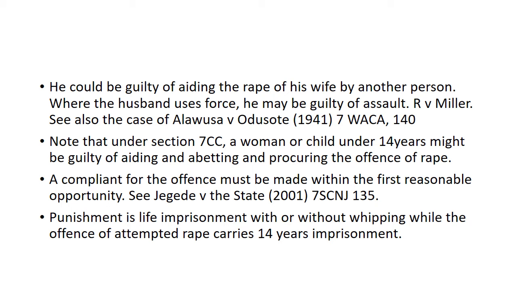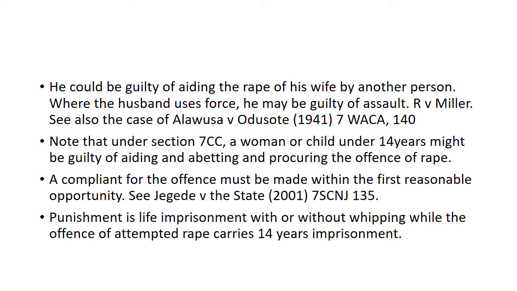You know, also we should know that under Section 7, a woman or child under 14 years of age might be guilty of aiding and abetting and procuring the offense of rape, but not actually committing the offense of rape. Now, a complaint for the offense must be made within the first reasonable opportunity.